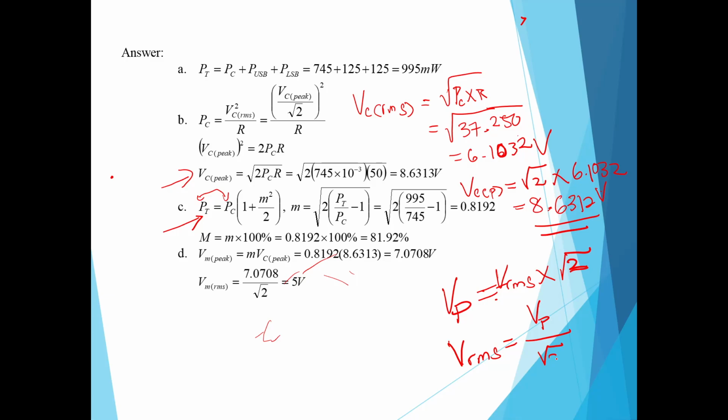This slide shows the complete equation. I just rewrite it again so that students can see more clearly how to find the peak amplitude.